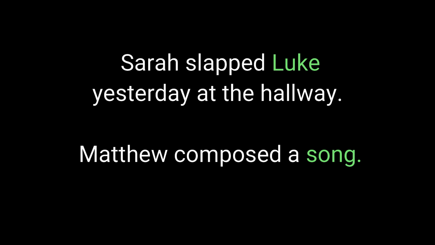Luke receives the action slapped, therefore Luke functions as direct object. Matthew composed the song. What did Matthew compose? Song. Song receives the action composed, therefore song functions as direct object.